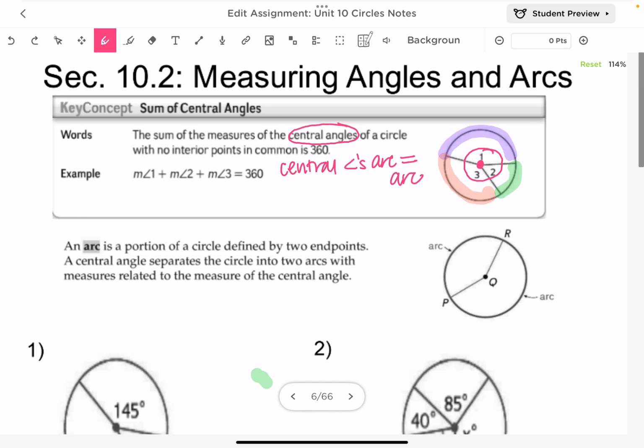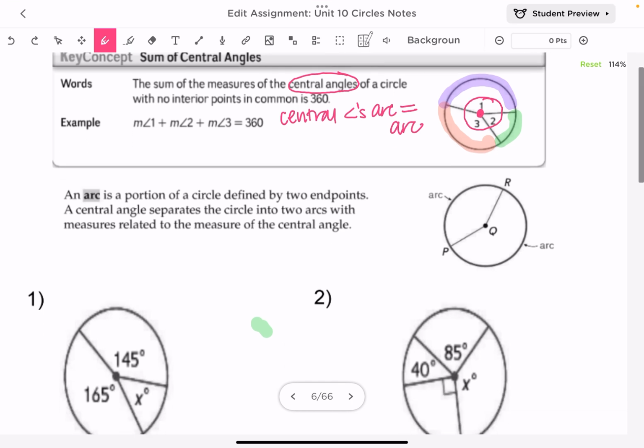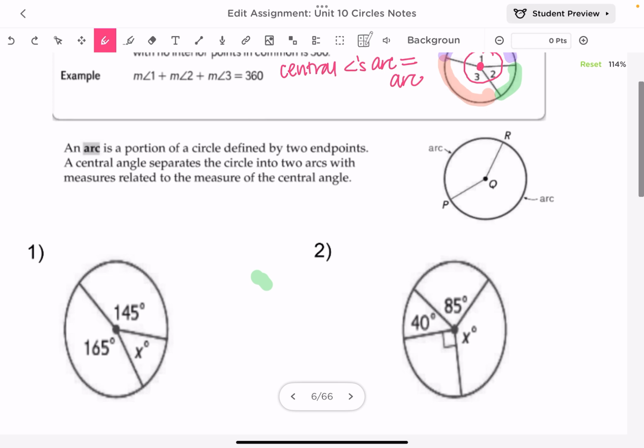Okay, and these angles are going to separate the circle into different arcs. We're going to go into a little bit more of naming these arcs in a little bit. But if you look at this picture with the P and the R on it, we have this smaller arc, and then we have this bigger arc. That smaller arc, again, I think it says this later, is called a minor arc, and that bigger arc is called a major arc.